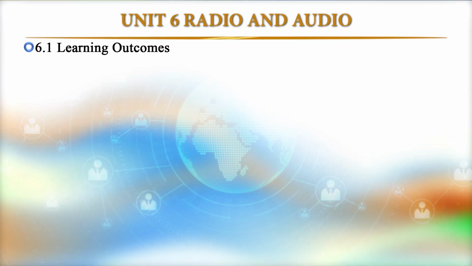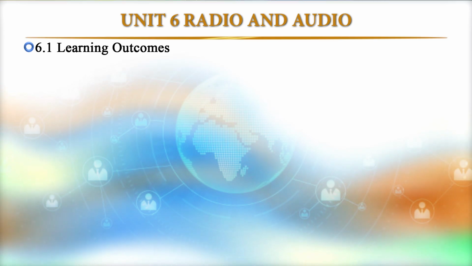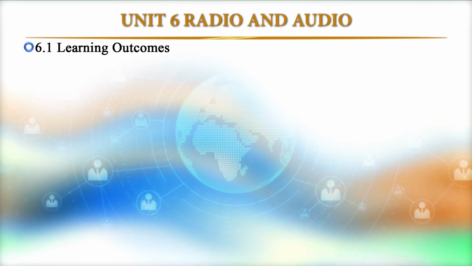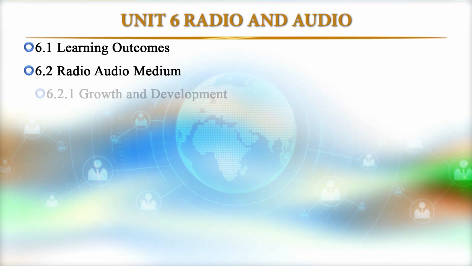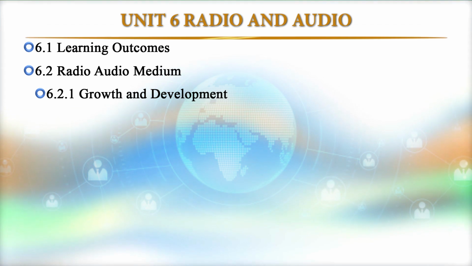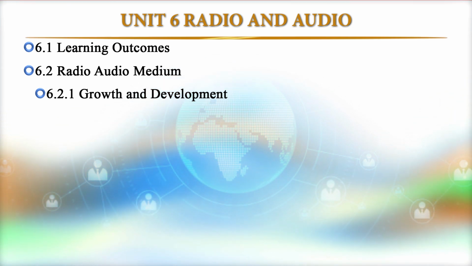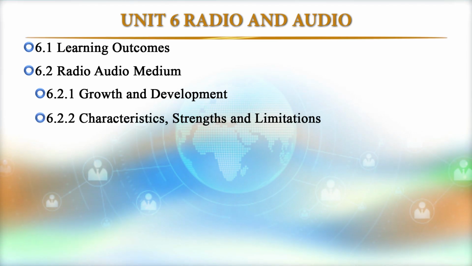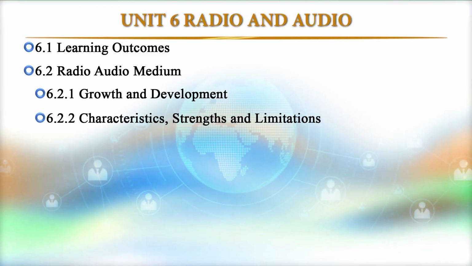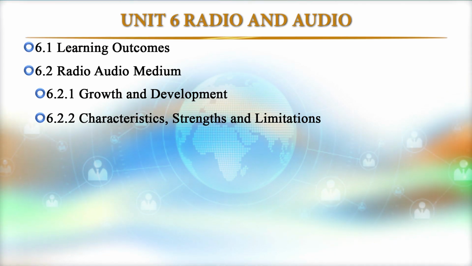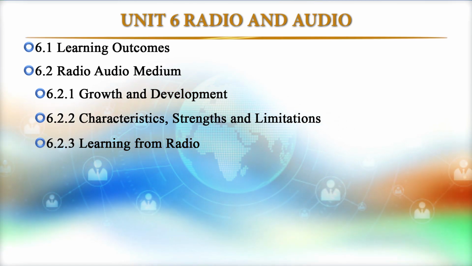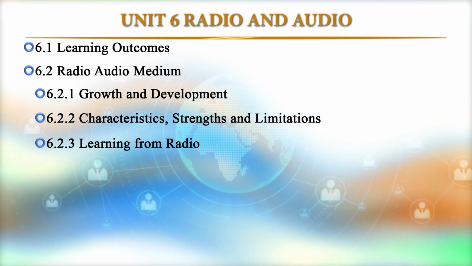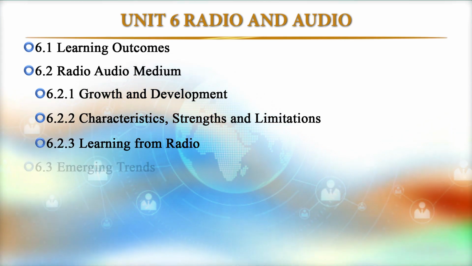Now let us go through the details of Unit 6. Unit 6 covers the radio audio medium, why it is there, and the growth and development of the radio audio medium in India as well as other countries. The characteristics, strength and limitation of radio are discussed in section 6.2.2, and then learning from radio, how the student can learn from radio technology, and then emerging trends, what is going on in radio technology.